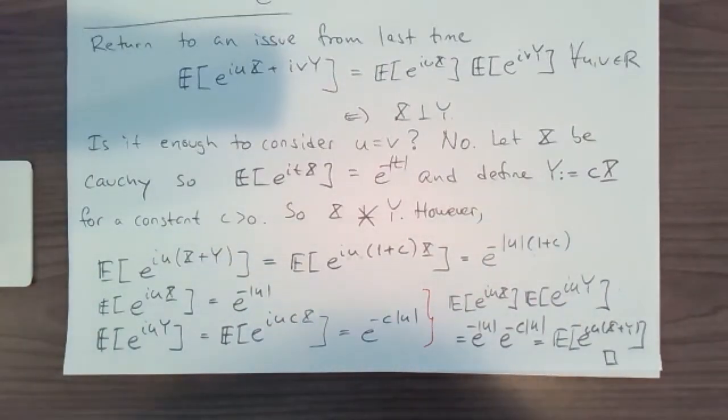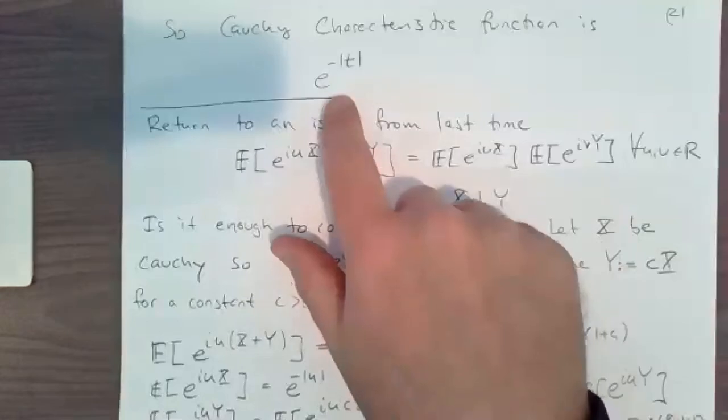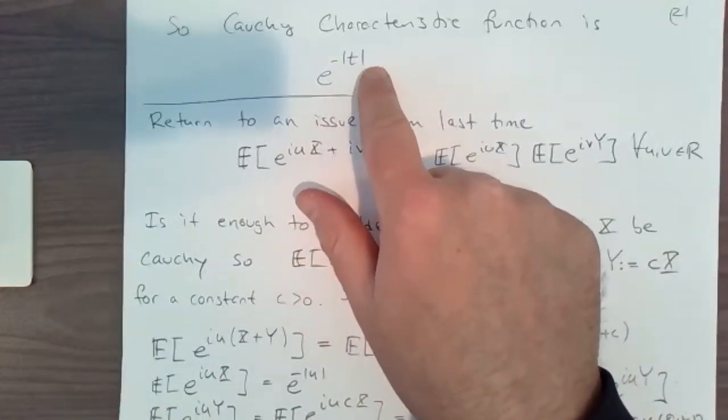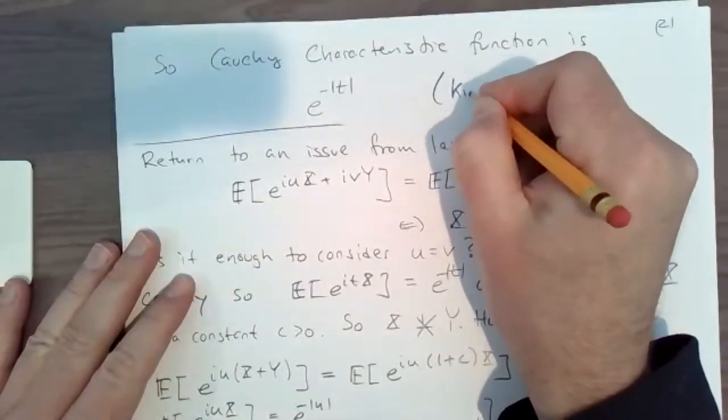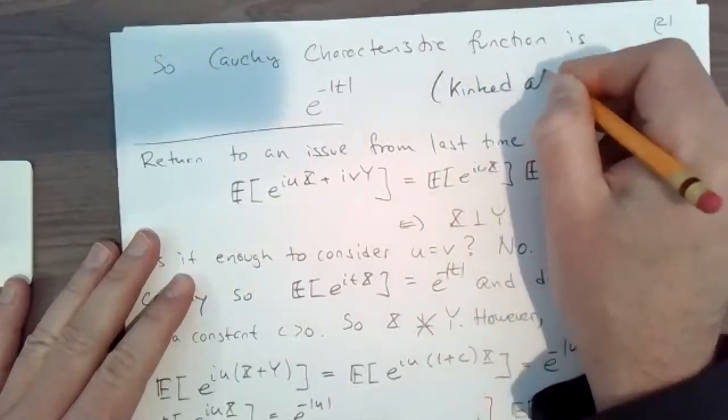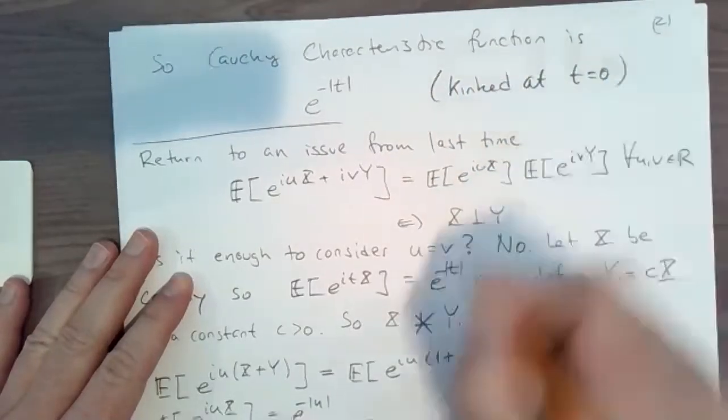distribution. The homework is asking you to look at other issues related to the Cauchy, for example, that it doesn't have any moments. You can already see here that the characteristic function has a kink. This is kinked at 0.